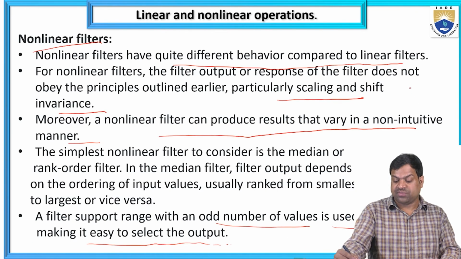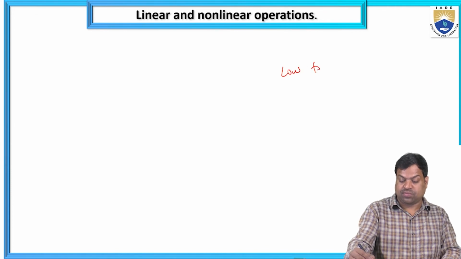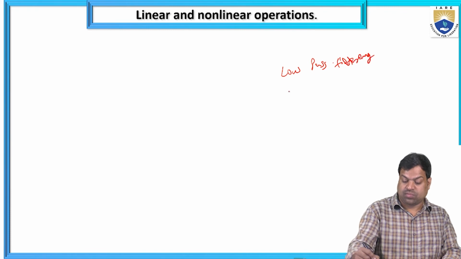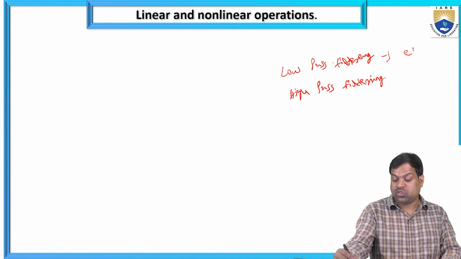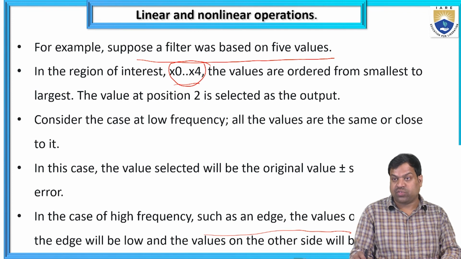Already we discussed low frequencies. Here high frequencies are used for the edges, where values on one side of the edge will be low and values on the other side will be high.